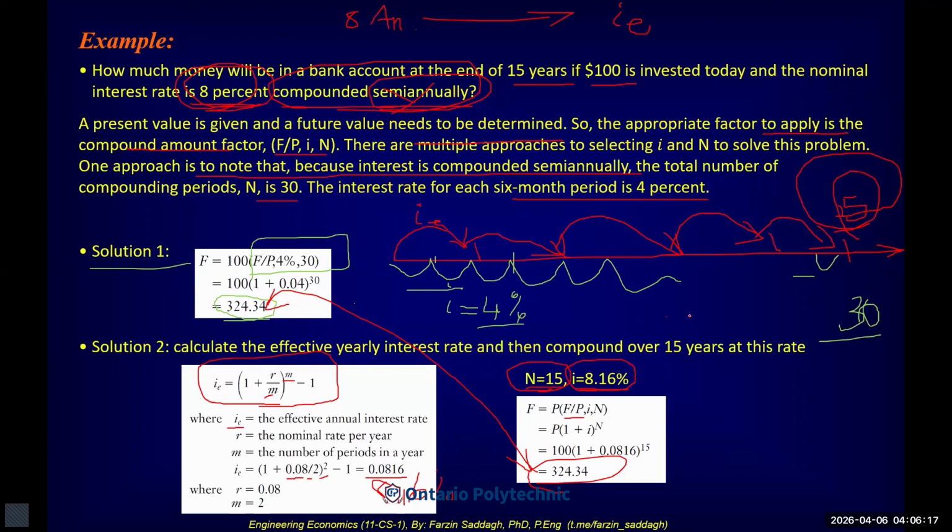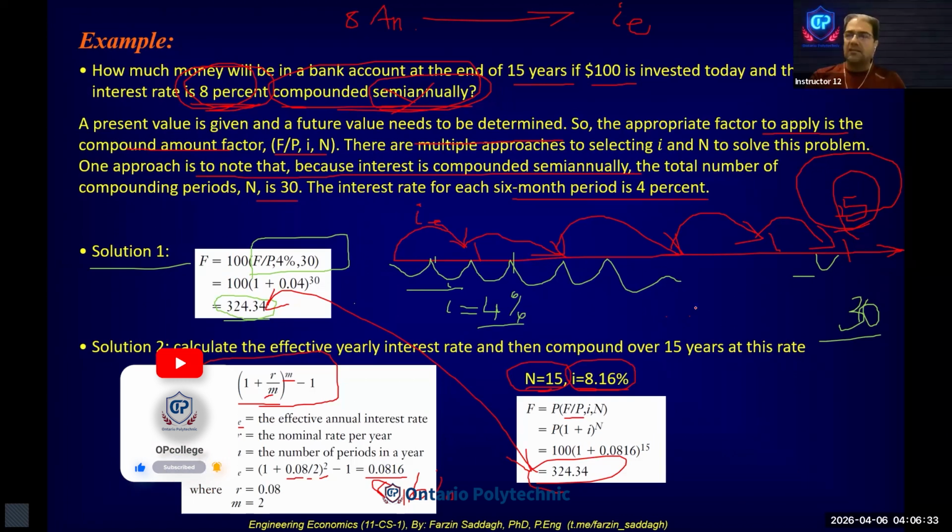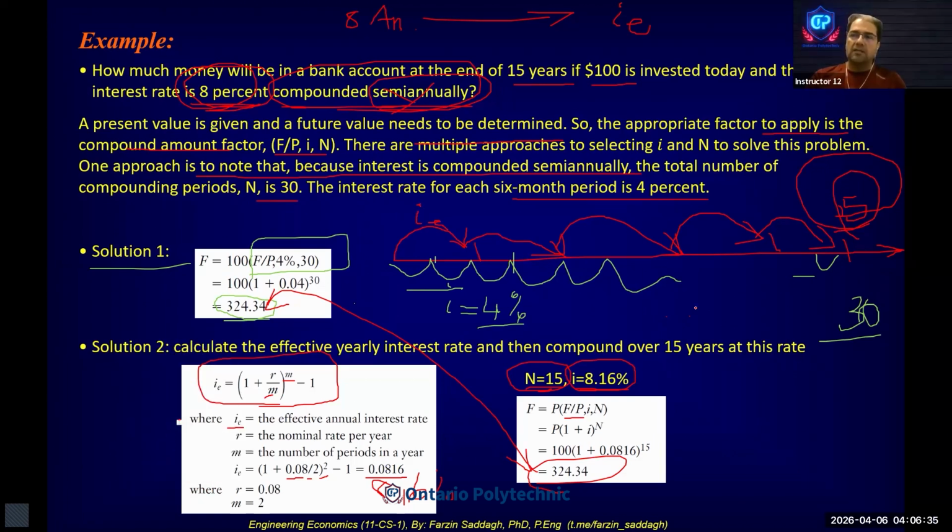So in the exam, if we go with solution 1, is it wrong or not? No. As long as the idea behind the solution is correct, it's okay to use it. For the first solution, we put the interest and the number of periods.